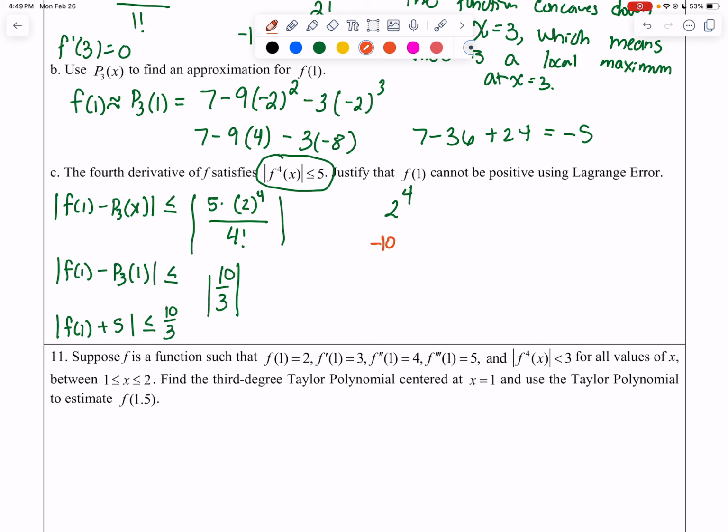So I have negative 10 over 3 is less than or equal to f of 1 plus 5, which is less than or equal to 10 over 3. I'm going to subtract 5 from both sides, or in this case, 15 over 3 on both sides. And that's going to give me my approximation of f of 1.